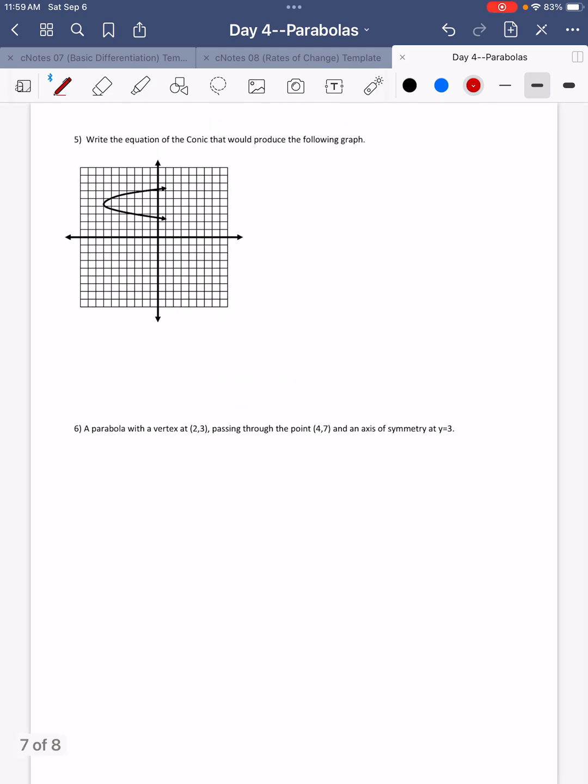Okay. So for this one, if we want to write the equation, I'm just going to do this one here. I'm not super happy about this graph. I feel like it's been shifted away from where it should be. So I'm actually going to skip that one, because I feel like it's not the right graph for what we were trying to do.